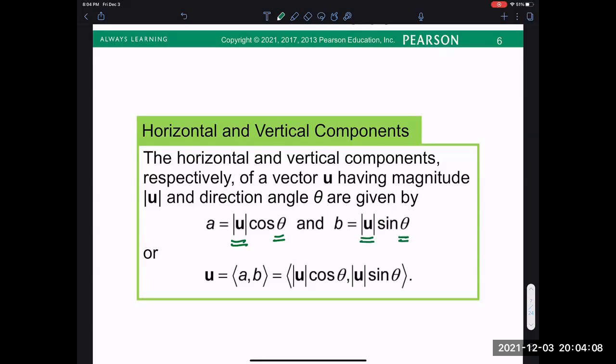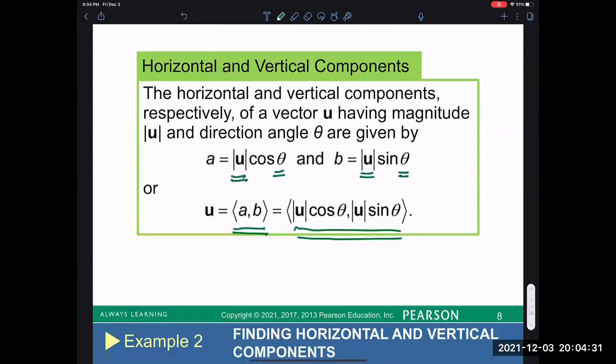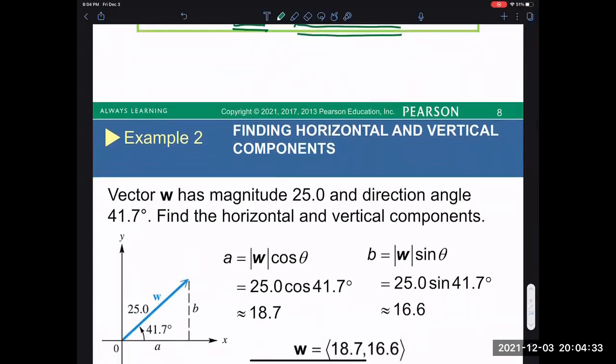And therefore, the AB coordinate point can be expressed where we can calculate A and B using these relationships, u cosine theta and u sine theta, to determine the A and the B values. So given the magnitude and the angle, we can express u as AB using this relationship. So let's do that in example 2.